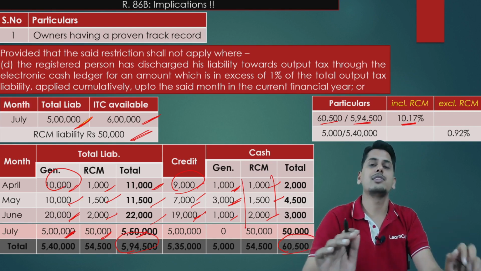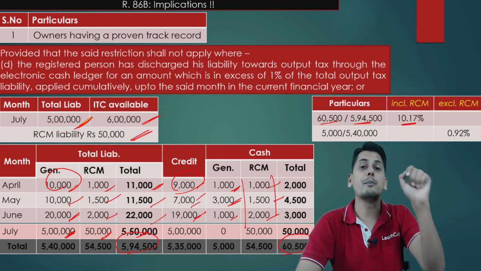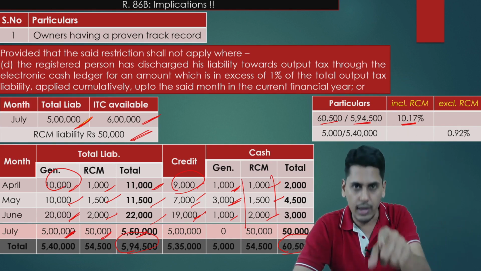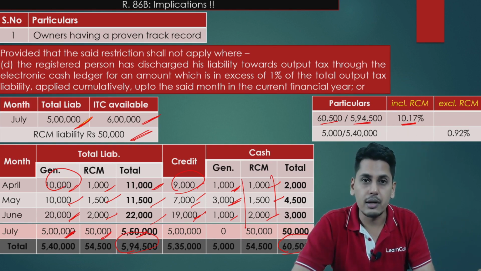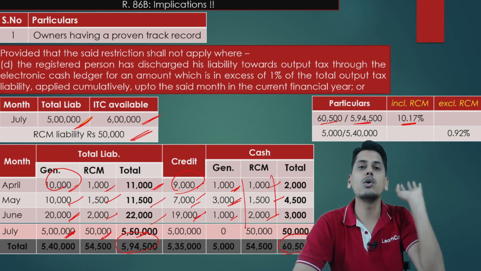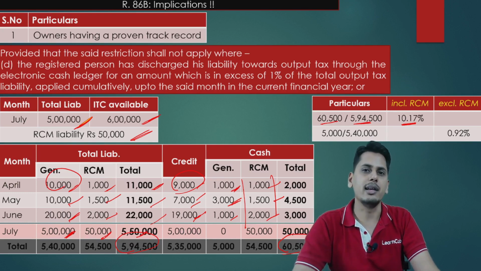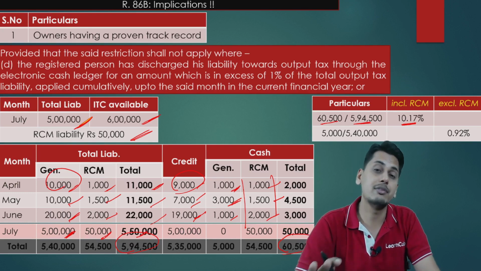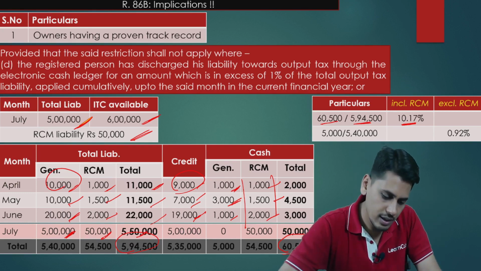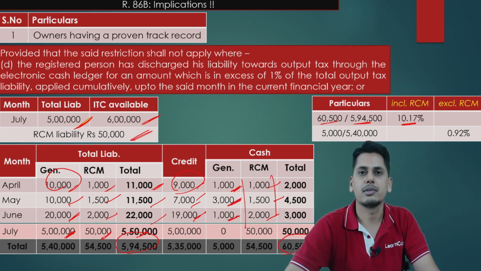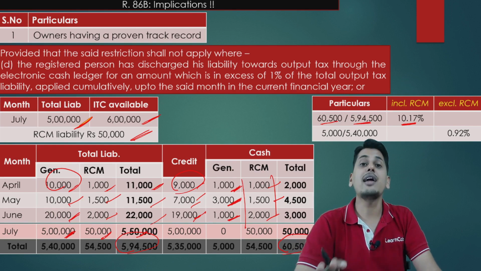However, friends, as we just discussed, for the purpose of computation of 86B, neither the numerator, which means liability paid through cash ledger, nor the denominator, which means the total liability, will include RCM figures. So what is the normal forward charge mechanism liability which I have discharged through cash ledger till date? It is 1,000, 3,000 and 1,000, totaling 5,000 rupees.